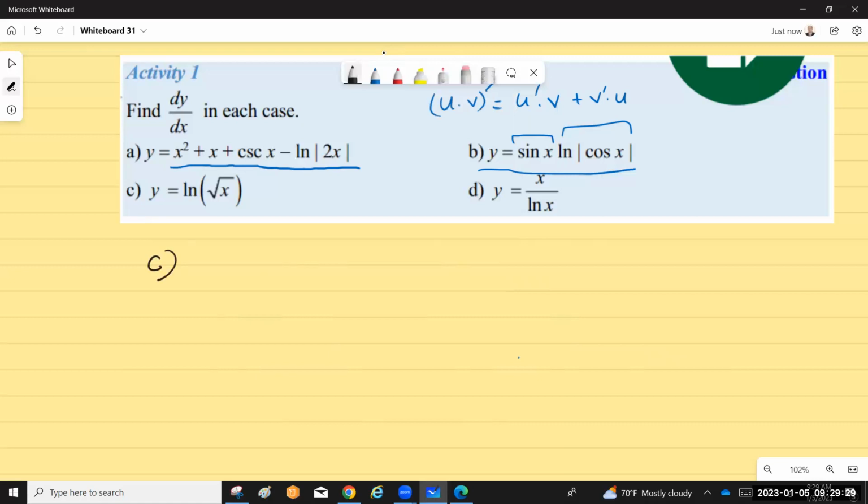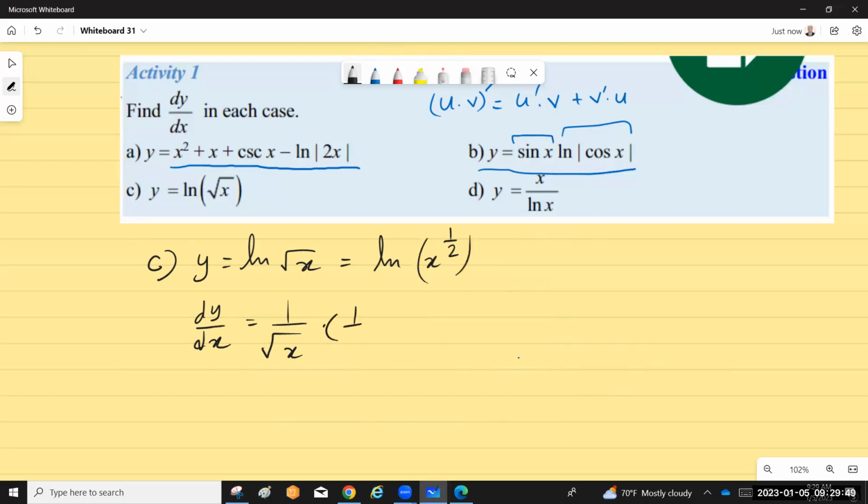C, y equals len radical x, which you can write as len x power half. So the derivative dy by dx, or y prime, is equal to: the derivative of len of a function is 1 over the function times the derivative of the function. The derivative of x power half is half x power negative half.